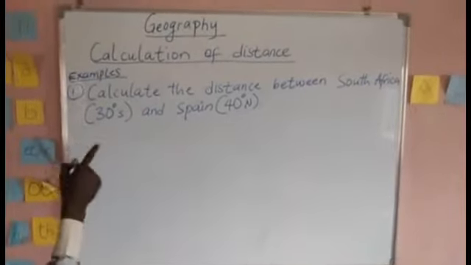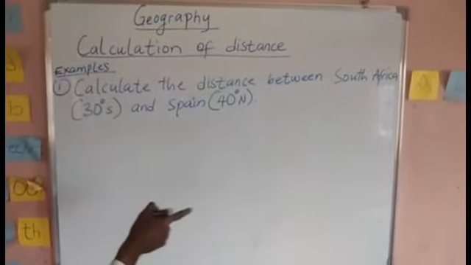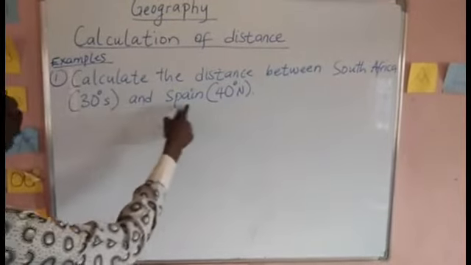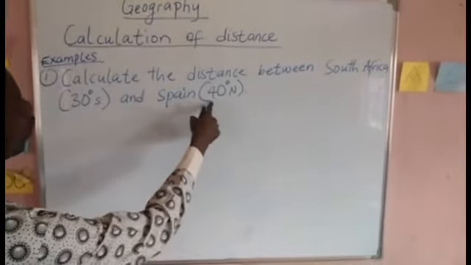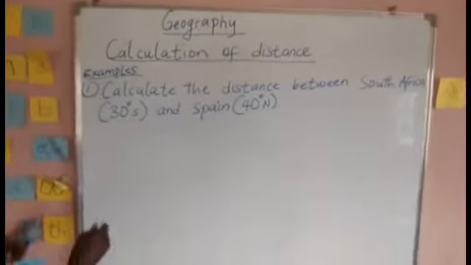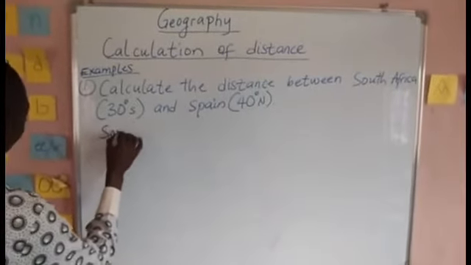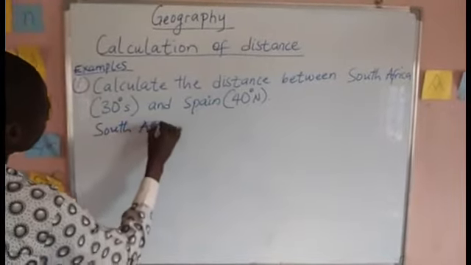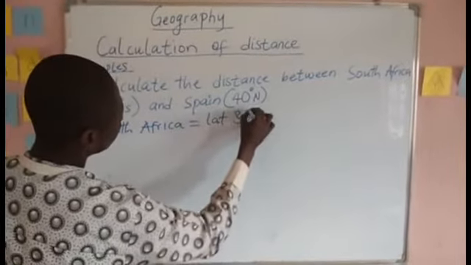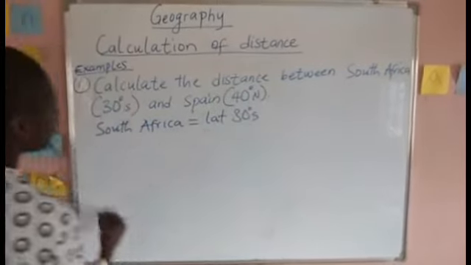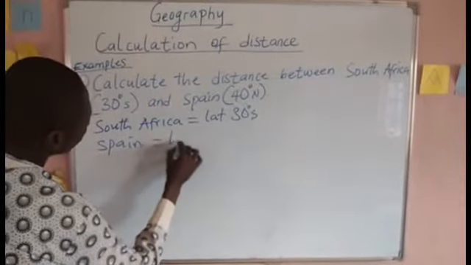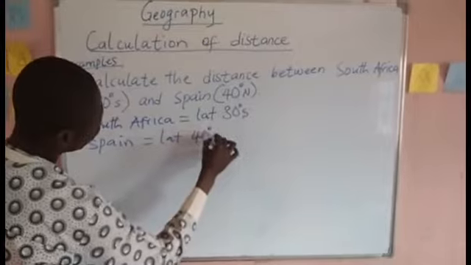Example number 1 says calculate the distance between South Africa, latitude 30 degrees south, and Spain, latitude 40 degrees north. Step 1 says locate the 2 places involved. So we have South Africa, latitude 30 degrees south, and Spain, latitude 40 degrees north.